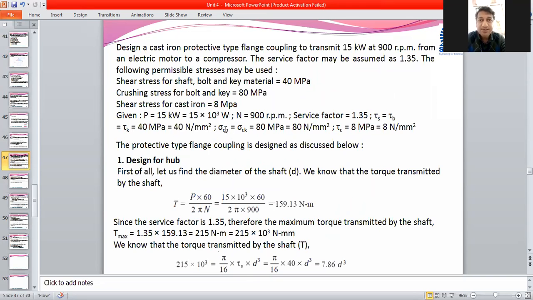Allowable compressive stress for the bolt and key is 80 megapascal, that is 80 Newton per millimeter square. Allowable shear stress for the hub or flange is 8 megapascal, that is 8 Newton per millimeter square.